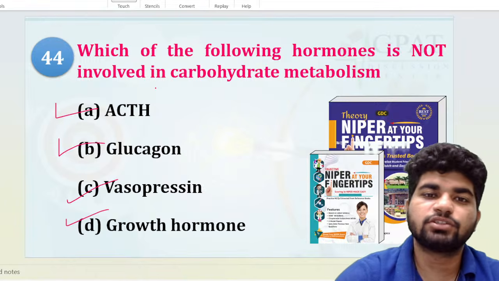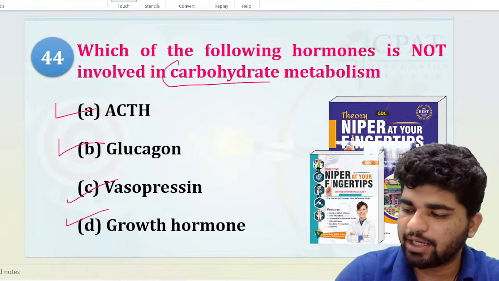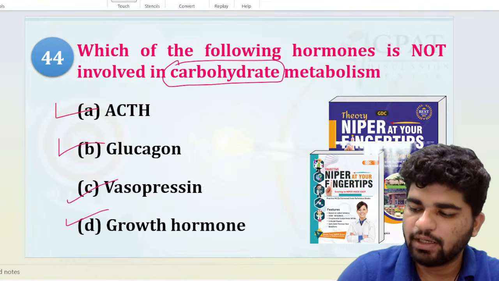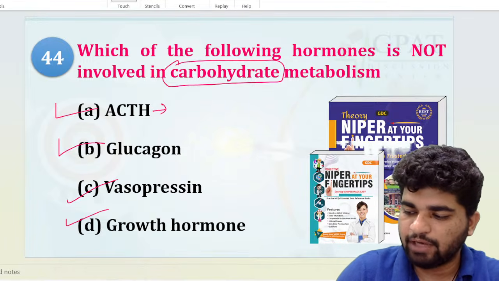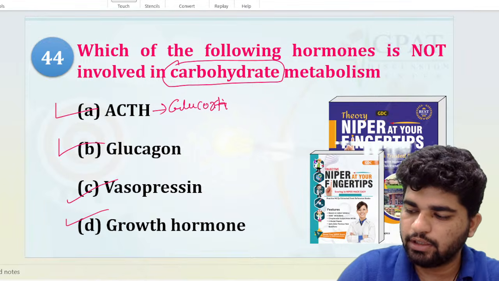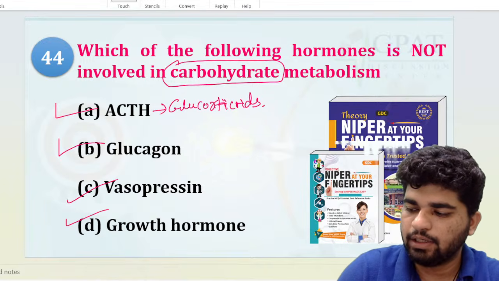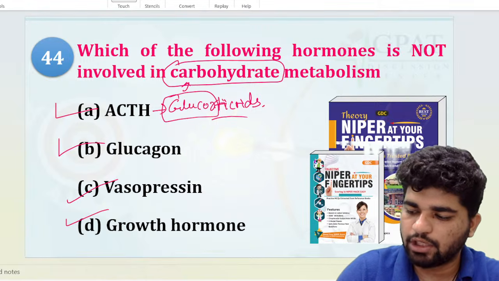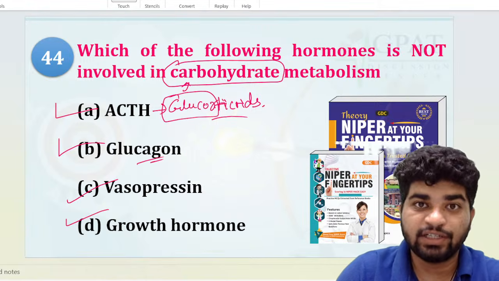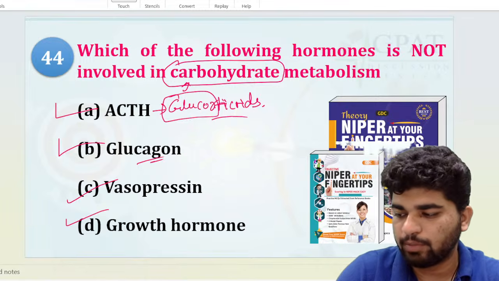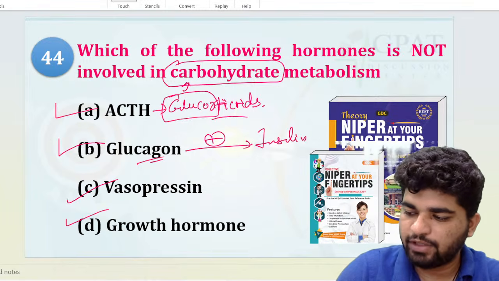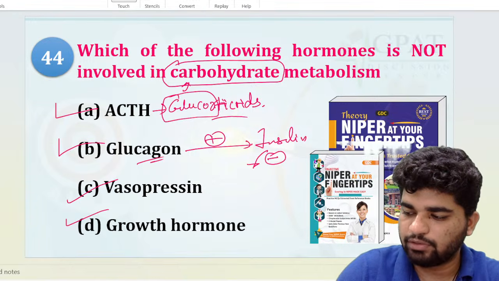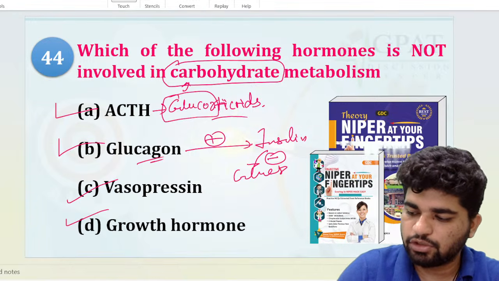Adrenocorticotropic hormone having glucocorticoids, right? Obviously, gluco, that is your carbon. Glucagon, obviously, used to promote insulin. And if insulin, then insulin is going to down-regulate the glucose level. So that is also inhibit.